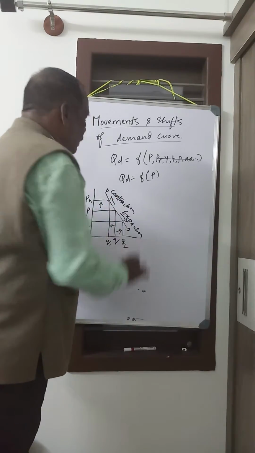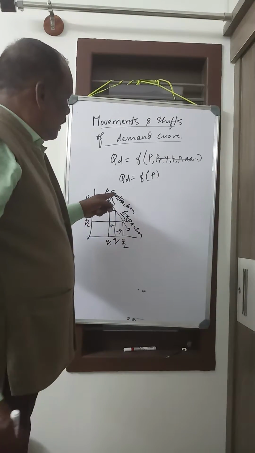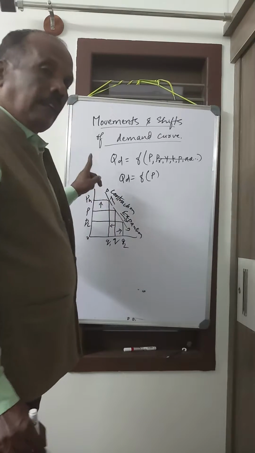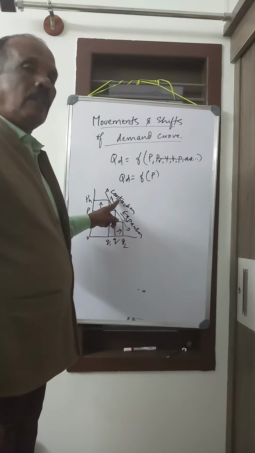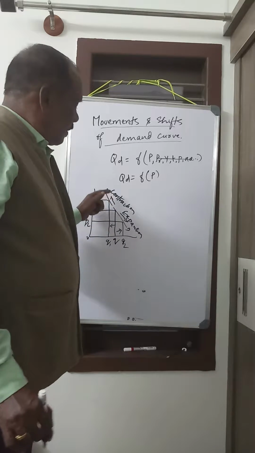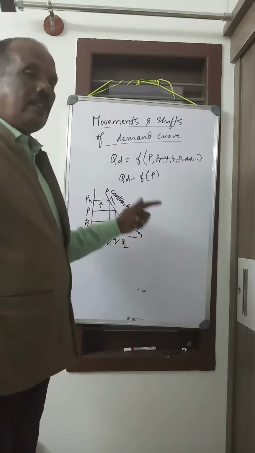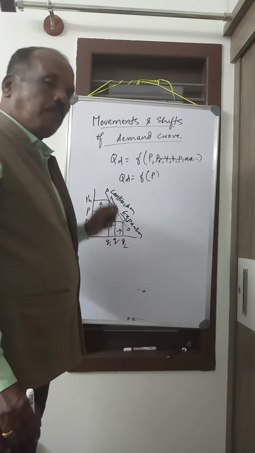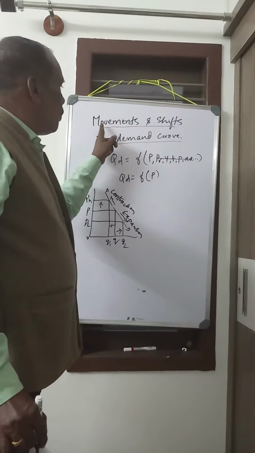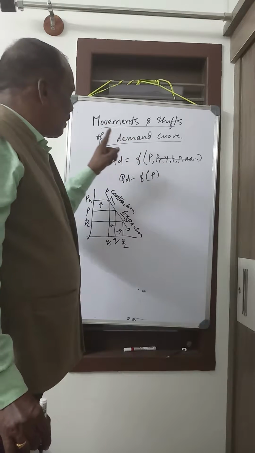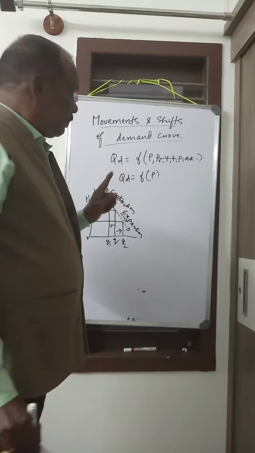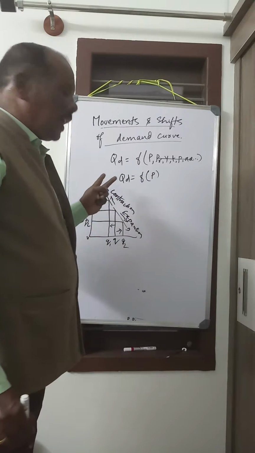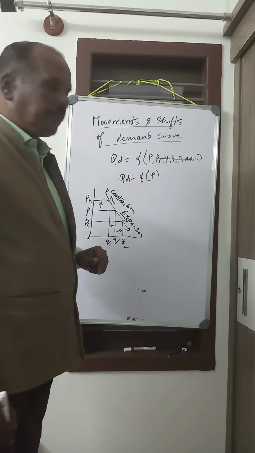So what you have to say: reduction in demand due to rise in price is called contraction. Increase in demand due to fall in price is called expansion. So the movement of the demand curve constitutes two important movements, that is contraction and expansion.